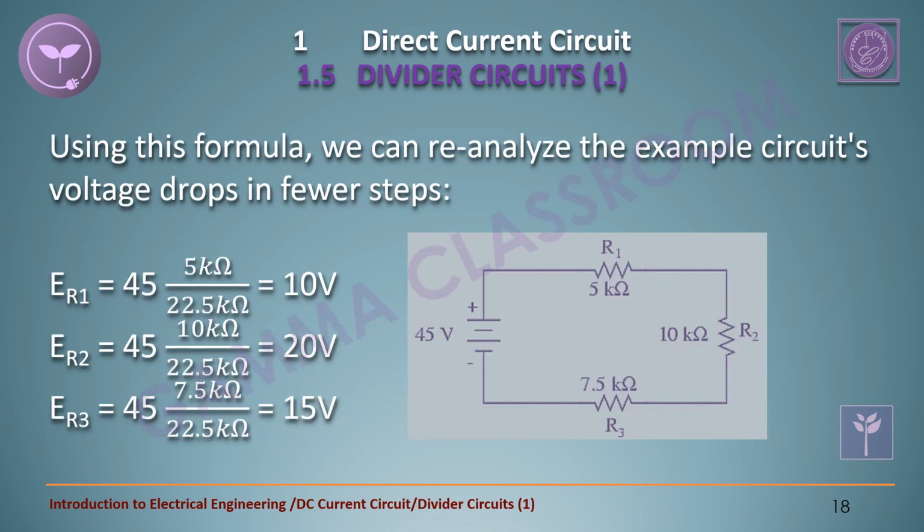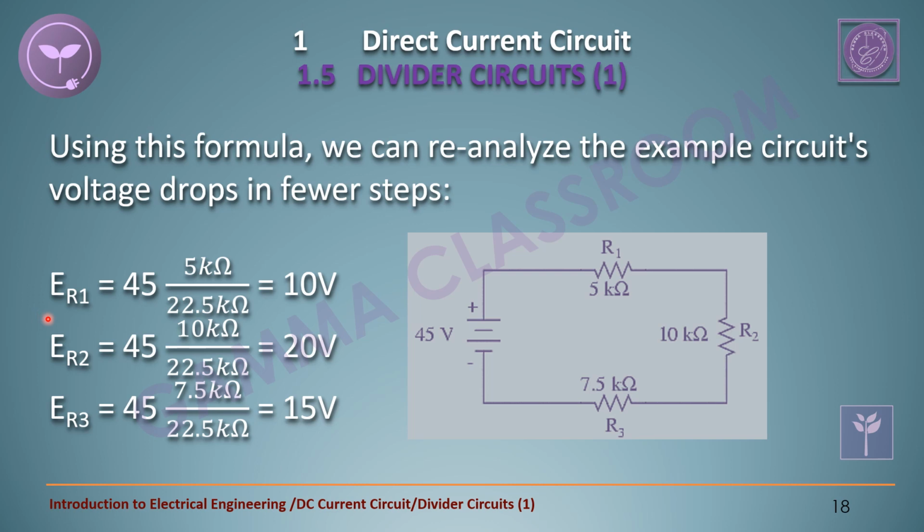Using this formula, we can re-analyze the example circuit's voltage drops in a few steps. We already did the calculation for this circuit. The total power supply voltage is 45. For the voltage drop across R1, we don't want to do the complete calculation.